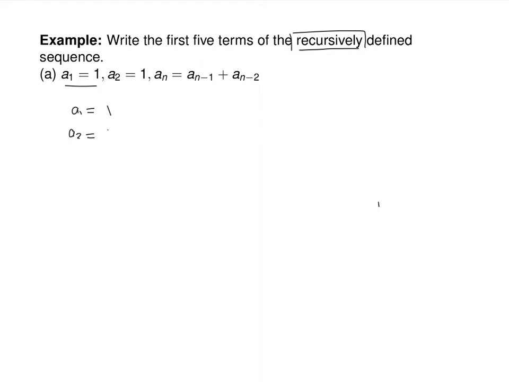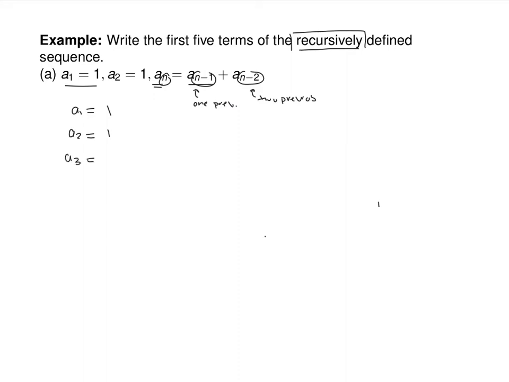The second number is also 1. And the nth term is the sum of the n minus first term, that's 1 previous, notice that n minus 1 is 1 less than n, and then n minus 2, which is 2 terms previous. So it's the sum of the previous 2 terms.